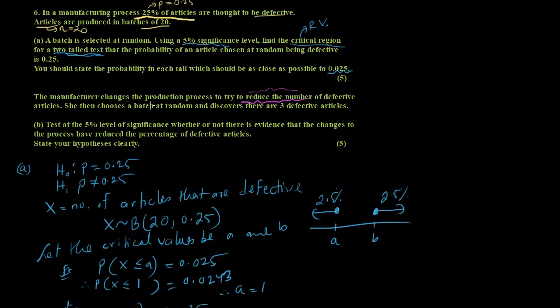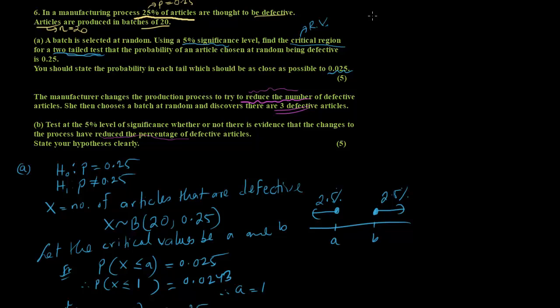She then chooses a batch at random and discovers there are 3 defective articles. So the random variable is going to be 3. Test at 5% significance level whether or not there is evidence that the changes to the process have reduced the percentage of defective articles. State your hypothesis clearly. So let's do this.